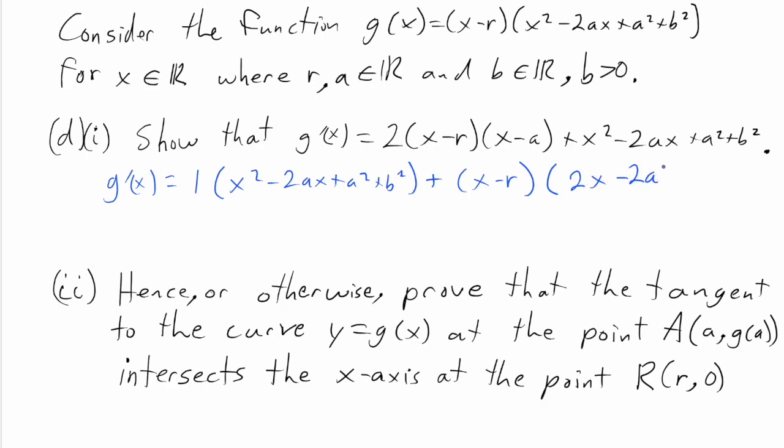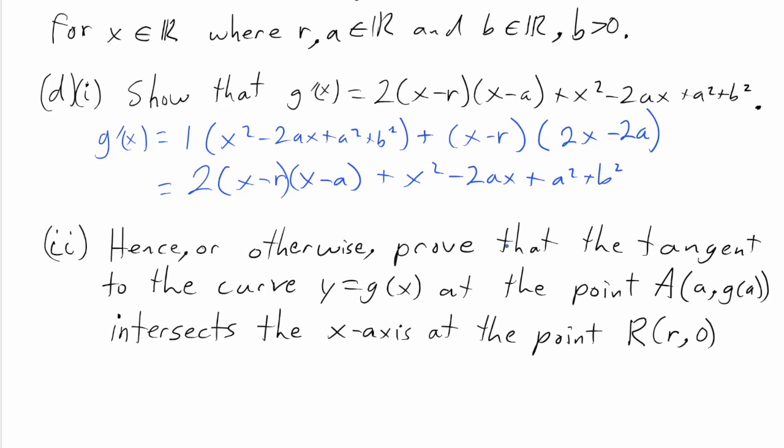This disappears because it's a constant. Okay, so we want to show it equals this, so this part looks similar to this one, but the 2 is factored out. So that's going to be 2 times x minus r, x minus a, plus that, which is what's required in the question, right?